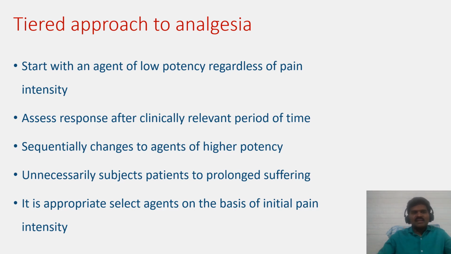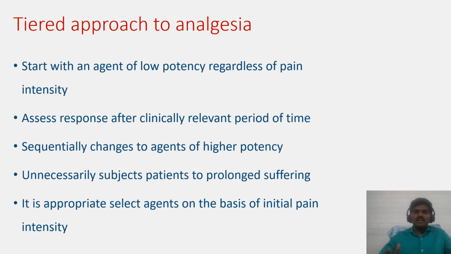In the earlier days, a tiered approach to analgesia was used, wherein you start with an agent of low potency regardless of the severity or intensity of the pain. You assess the response after a clinically relevant period of time and then sequentially change to agents of higher potency. The problem with this approach is that it unnecessarily subjects patients to prolonged suffering.